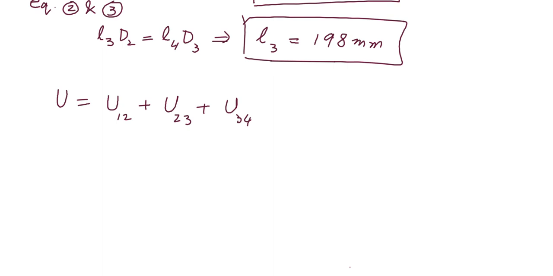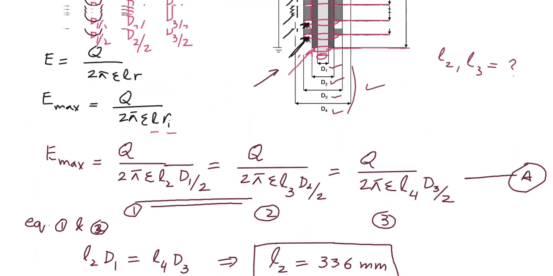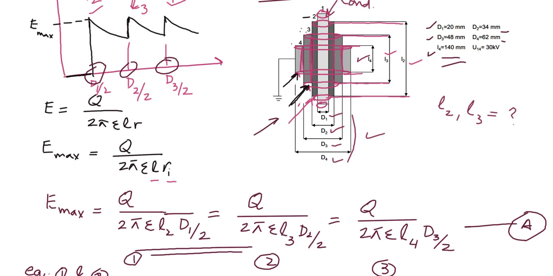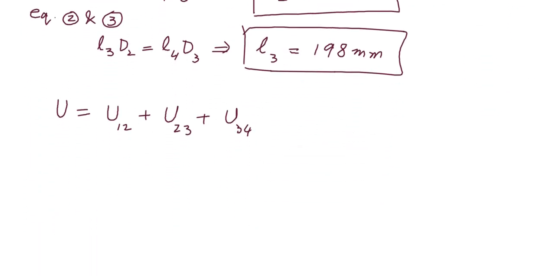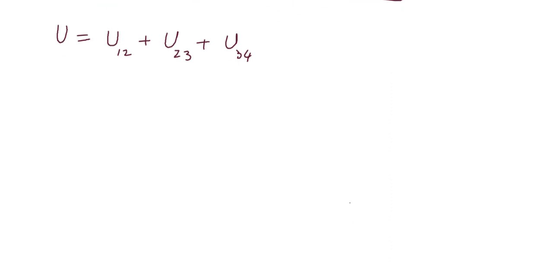So as we can see here, it will be distributed between the three layers of insulation: insulation 1, insulation 2 and insulation 3, between the points 1 2, 2 3 and 3 4.